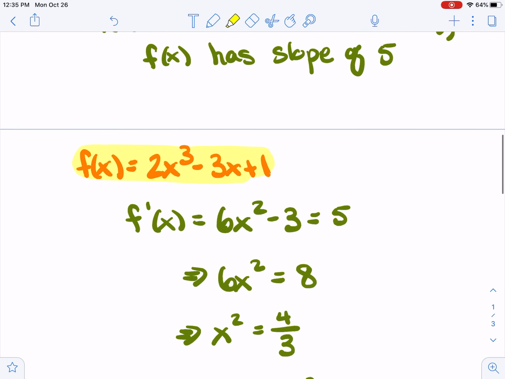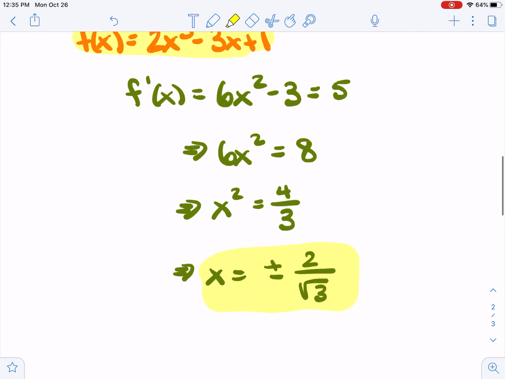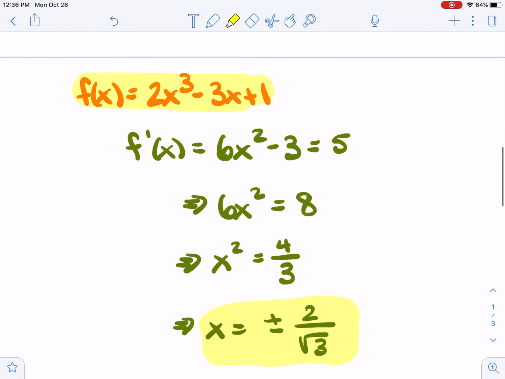So there are actually two places where the mean value theorem is satisfied, at plus or minus 2 over the square root of 3. So we verified that the theorem holds. We verified the conditions. Therefore, the conclusion must hold, and we found out where the conclusion holds. It holds at these points, plus or minus 2 over the square root of 3.